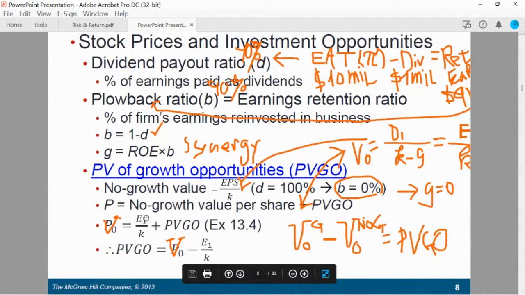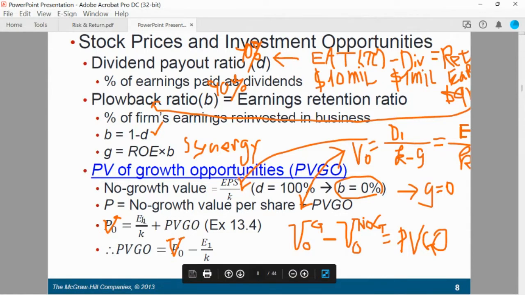So what this is saying is, price of the stock is basically, we know it's dividend discounted by the required return, plus present value of growth opportunity.